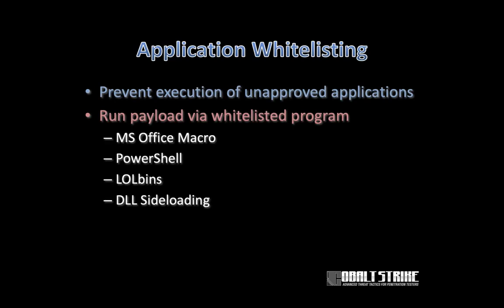And that's a good segue to talk about application whitelisting. Application whitelisting are different technology implementations that aim to prevent the execution of unapproved applications. The idea is only things that are in a certain whitelist are allowed to run. The strategy here is to run your payload via a whitelisted program.